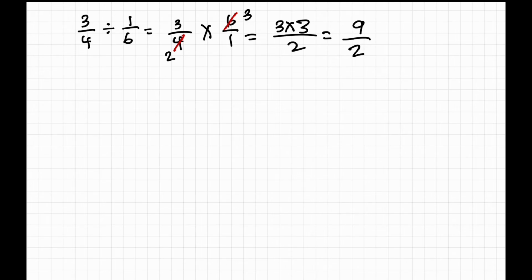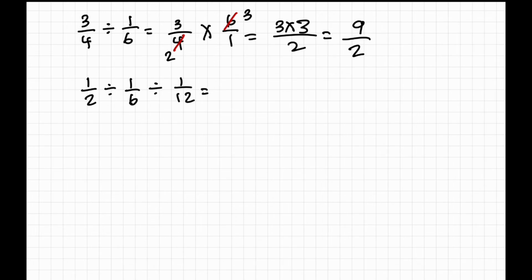So going back, you can see how we can use the crossing out trick on dividing fractions as well. Now we are going to do 1/2 divided by 1/6 divided by 1/12.